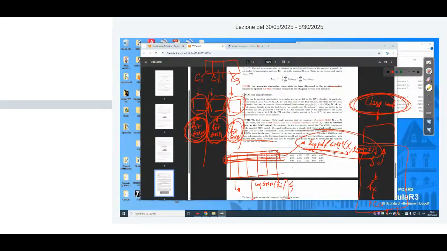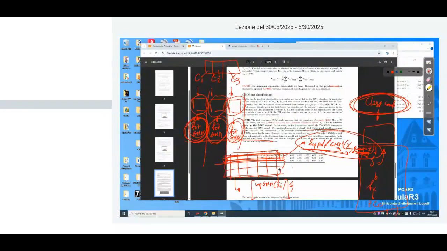In the MVG, you were calling log PDF GAU with the parameters of the first Gaussian. Here you call log PDF GMM with the parameters of the first GMM. Then what you get has the same interpretation, the class conditional log density. Once you have done it for all the classes, you have a matrix of class conditional log densities.